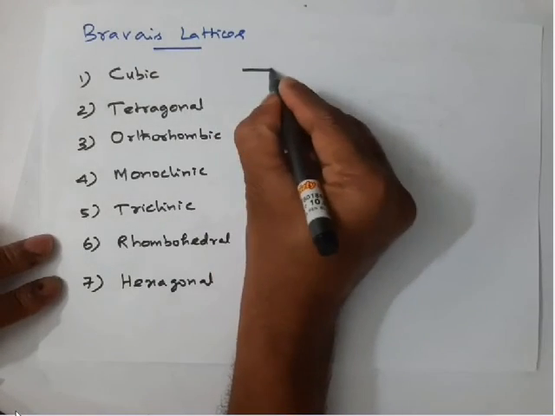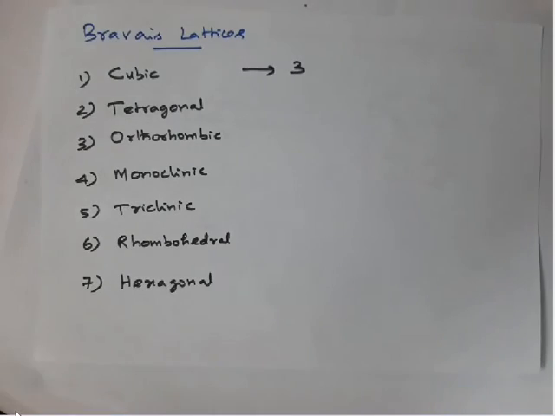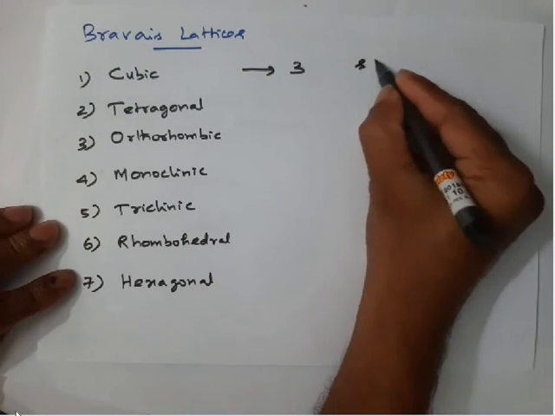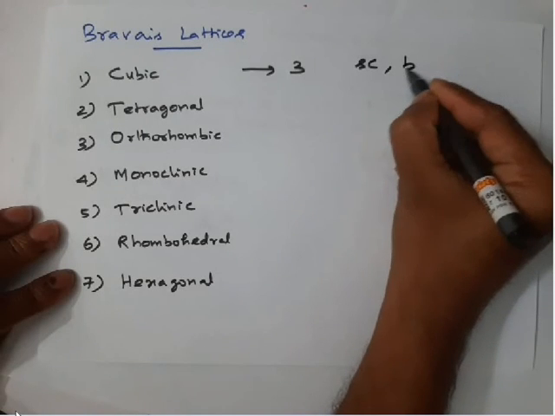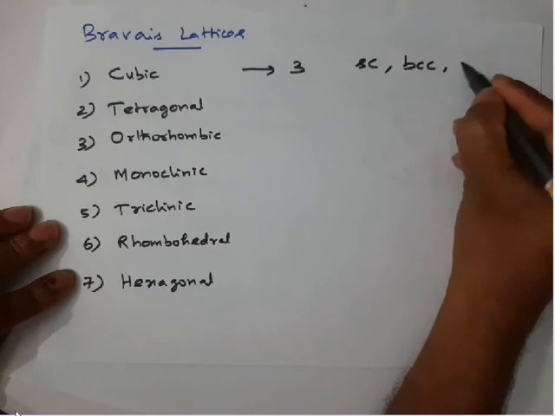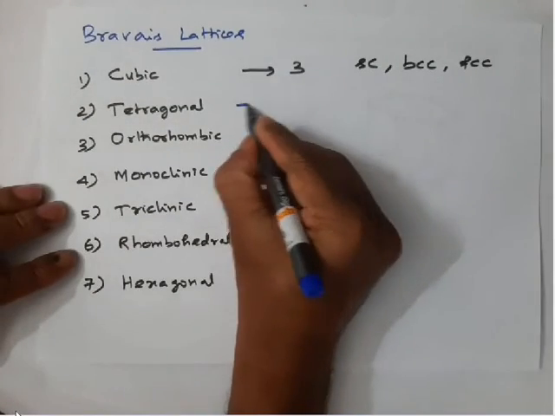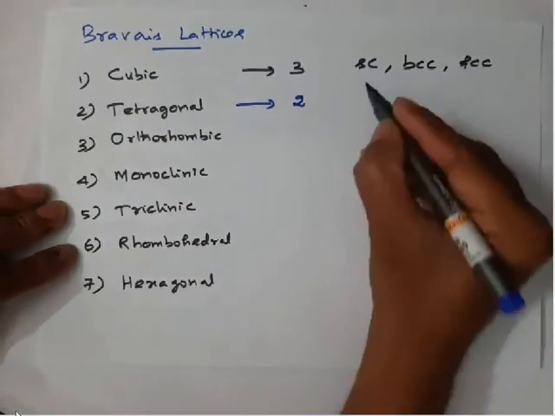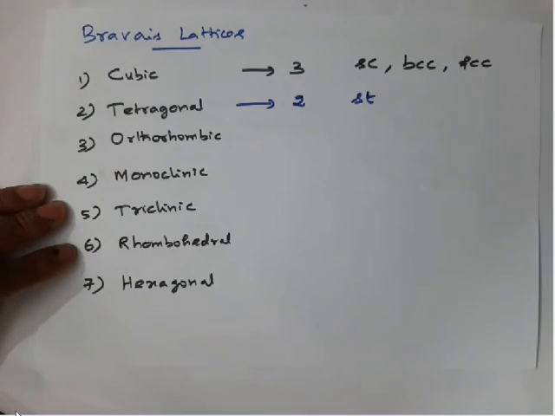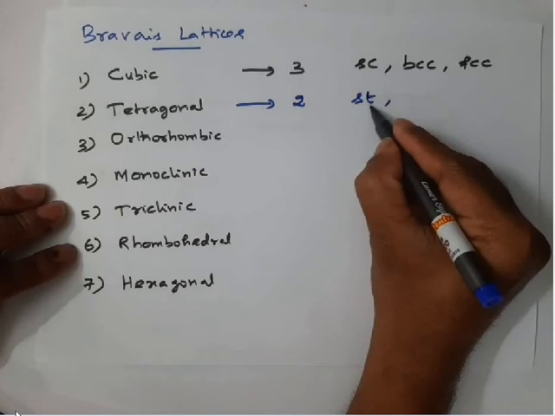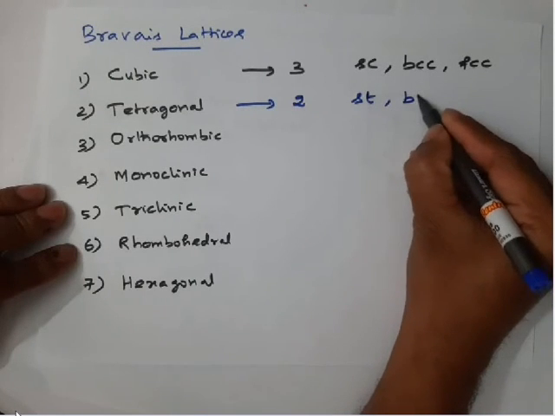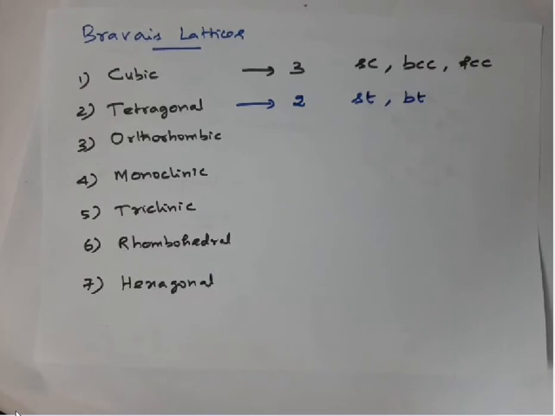in cubic crystal only 3 exist. What are the 3? Simple cubic, body centered cubic unit cell, and face centered cubic unit cell. Only these 3 exist in the cubic crystal system. Then in tetragonal crystals only 2 exist: simple tetragonal unit cell and body centered tetragonal unit cell.